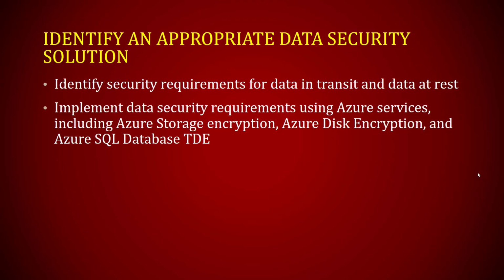Identifying those is then going to leverage off what you can do within Azure to make sure that Azure is actually going to meet those requirements, and then implementing the data security requirements for using Azure services, so all the various services around storage encryption, disk encryption, SQL database, etc.